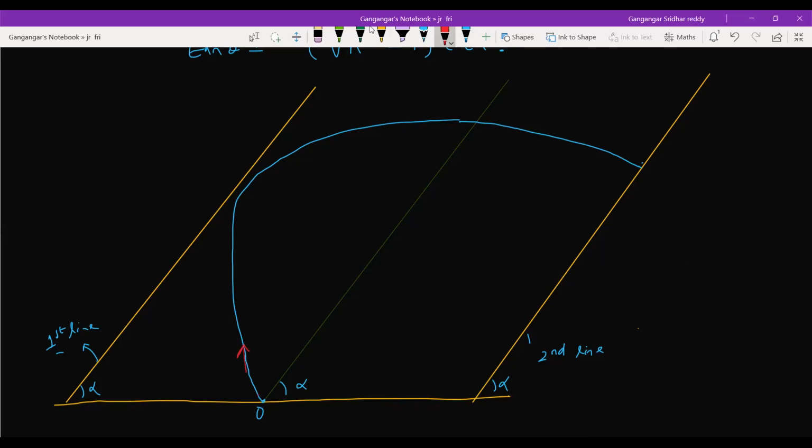Because some students ask, why can't it go like this? It is projected in such a way that it will graze. Okay, I'm making things clear. Let this be theta. So here it is grazing. I'll draw some thick line.